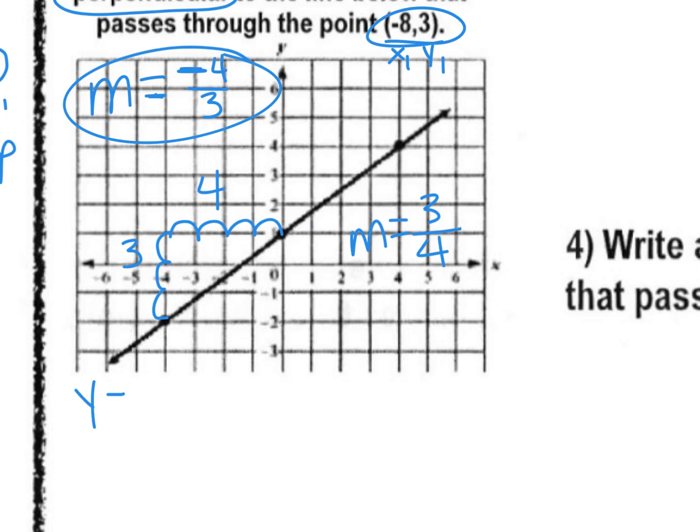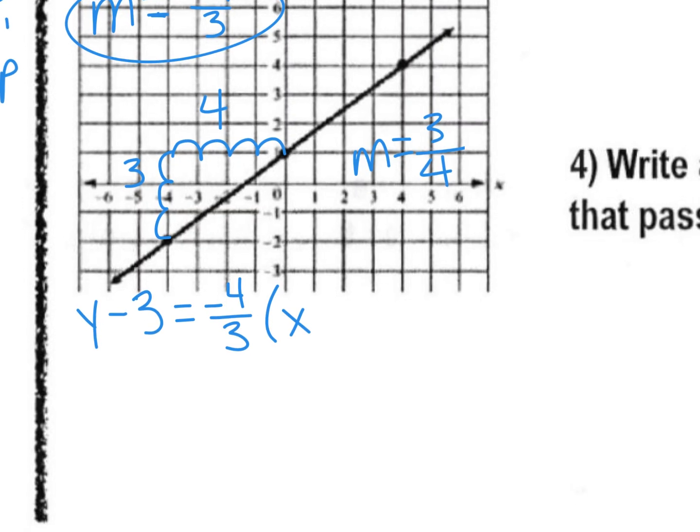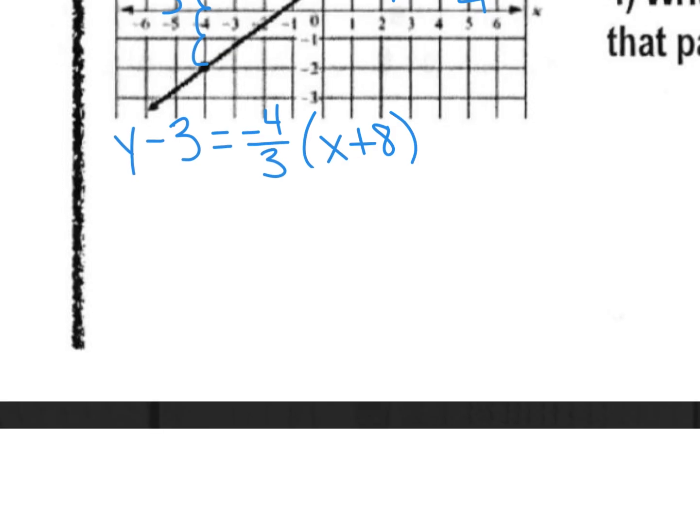Y minus, what's my y1? 3 equals, what's my new slope? My negative 4 over 3. X, what's my x1? Positive 8, because it was a negative, right? A minus minus. So now we can distribute.